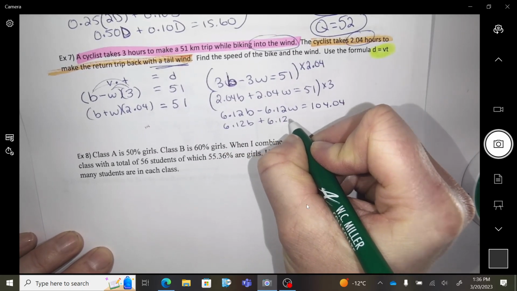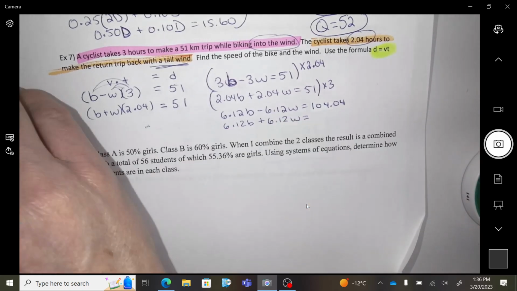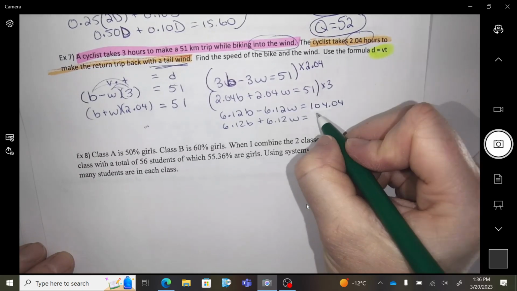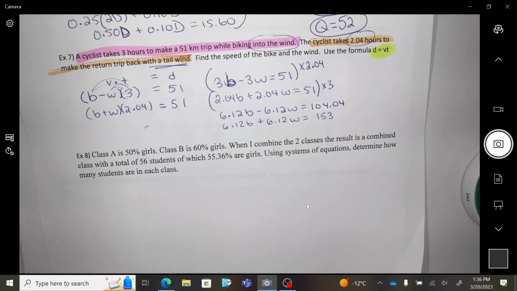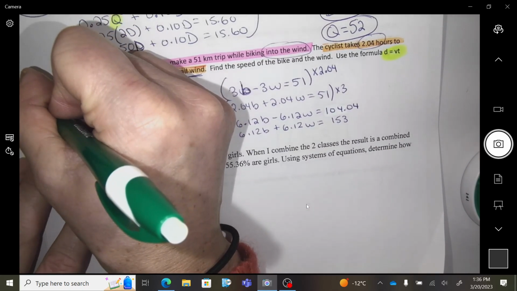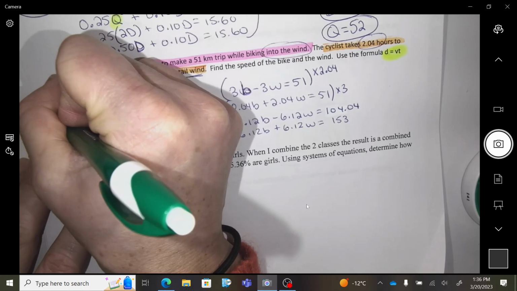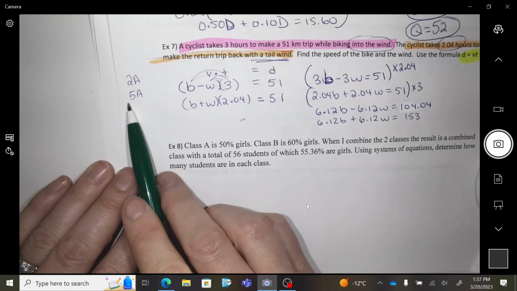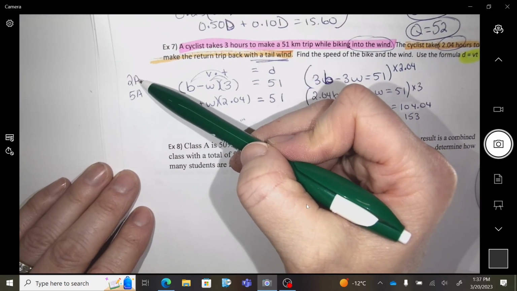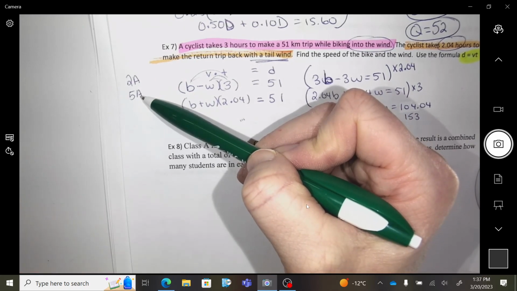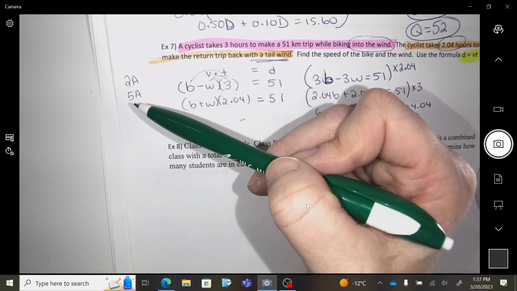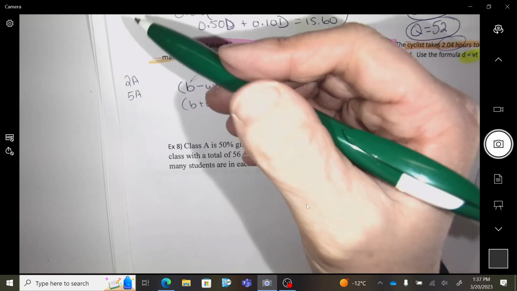You're not multiplying both of them; you're just choosing one to multiply by the opposite. Like if you ever had a 2a in one equation and a 5a in another equation, you would probably multiply this one by 5 and this one by 2 so that they would both be a 10, right? And then you eliminate them.